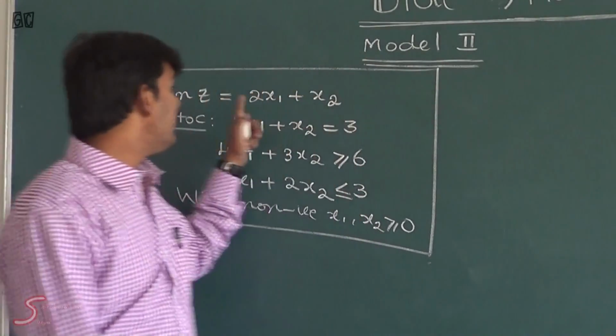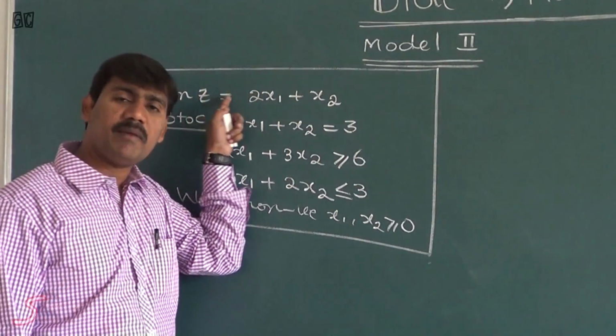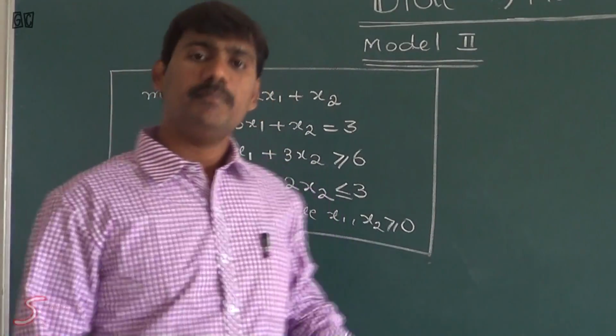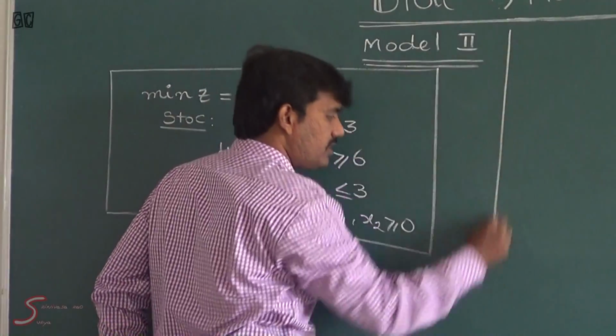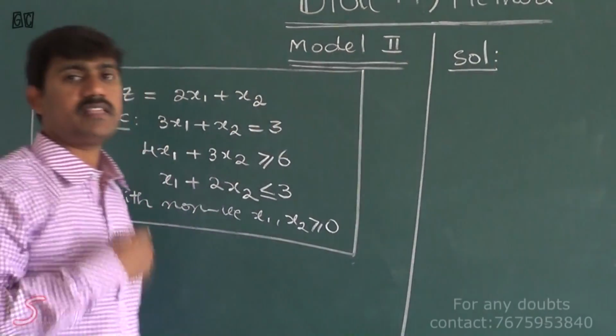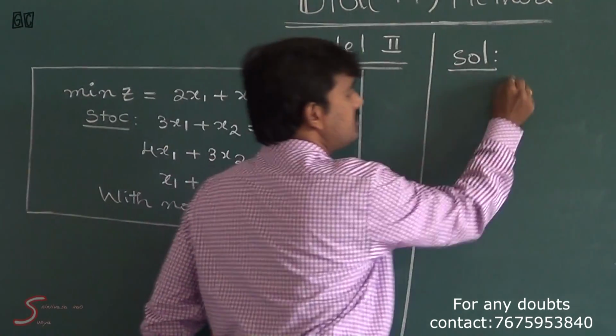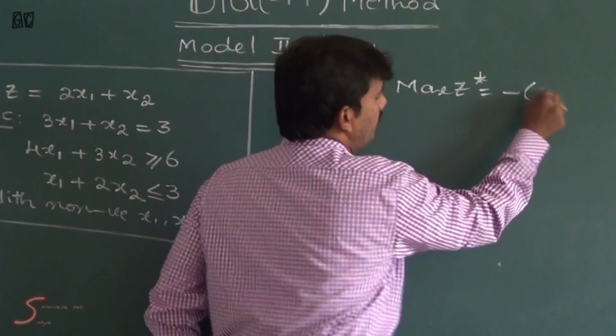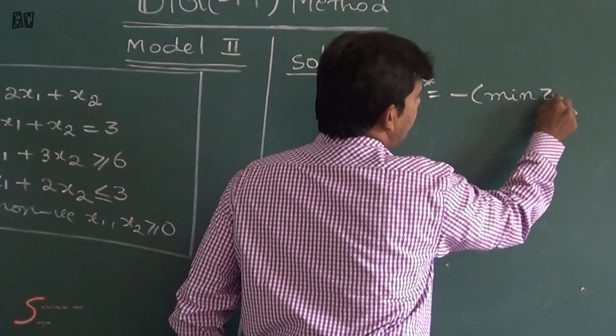Here the objective is in the form of minimization. Now we are going to make it into maximization by using the minimax theorem. The statement of the minimax theorem is: maximum of z is equal to minus of minimum of z.